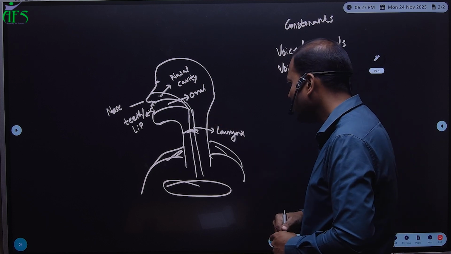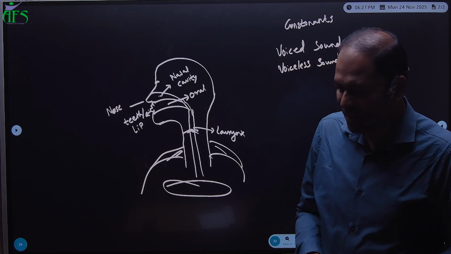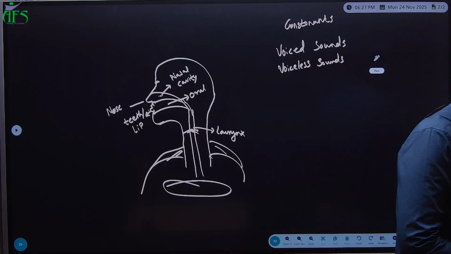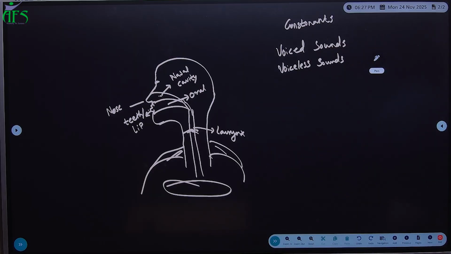So for some sounds, you have to throw the air through the nasal cavity. As I said, the sound m, the sound n, and the sound ng, all these are nasal sounds.